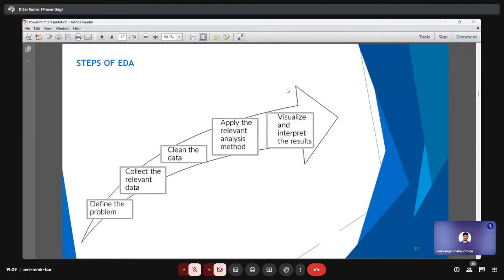The complete process of EDA is only to understand the actual message that is contained in the data set. And once after knowing what exactly the data set is, we go with descriptive statistics, where we apply some statistical methods.